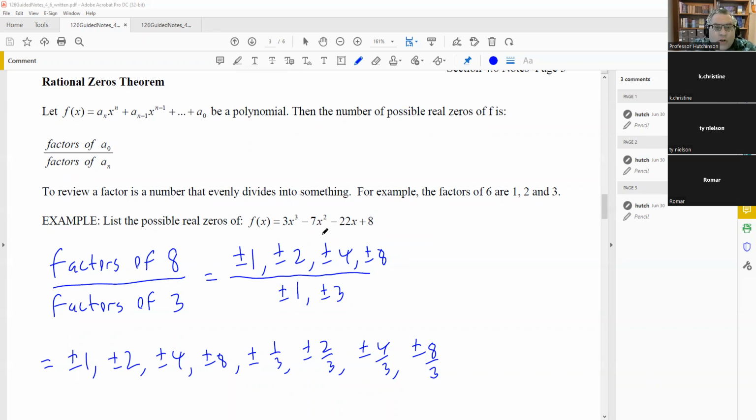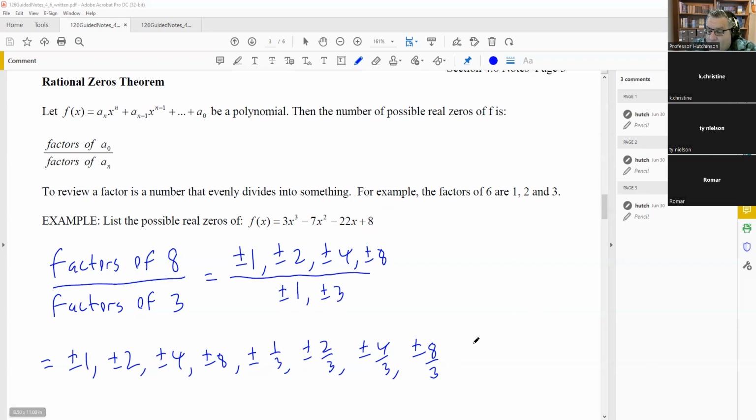So it does require you to do that in MyOpenMath. You take all the numbers on top divided by the 1 and all of them on top divided by 3, and you get this list. What this list tells you is that the actual graph is going to cross at one of these possible places.